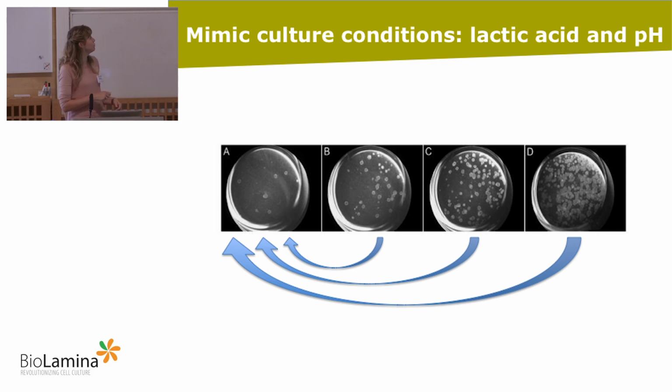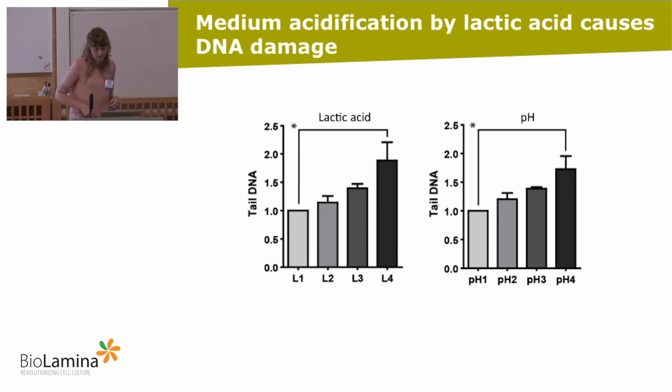You get more DNA damage with a more acid medium. So in a summary image, you have what happens if you grow your cells from low density to high density, if you grow them at low density but add the same lactic acid that you would have at high density, and what happens when you do the same for the pH. So basically it tells you the pH of your medium is the key factor deciding what's going on with the genome integrity there.